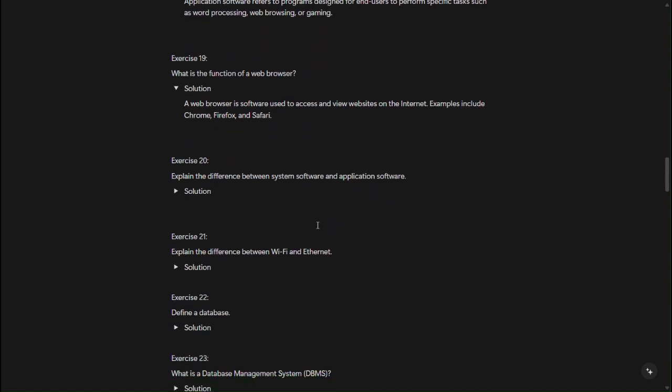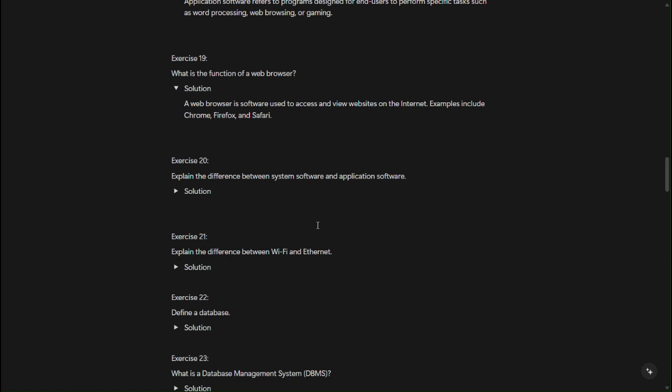Now, what is the difference between system software and application software? The system software includes the operating system, for example, Windows, Linux, Mac OS.